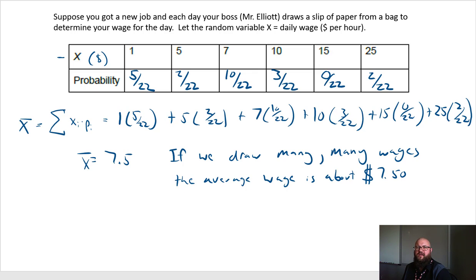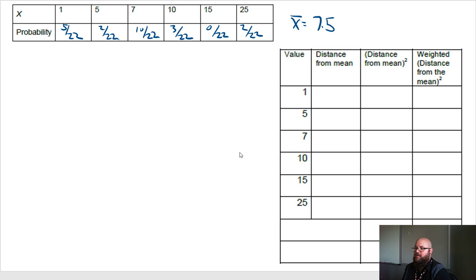So let's think back here now. Let's go back to chapter 1 that we talked about at the very beginning. We talked about standard deviation, and that tells us the typical distance from the mean. So let's go ahead and complete a table here with this data and actually come up with a calculation for the standard deviation for the probability distribution. All right, so again, we've got our probabilities right there, and we've got our mean average there, $7.50.